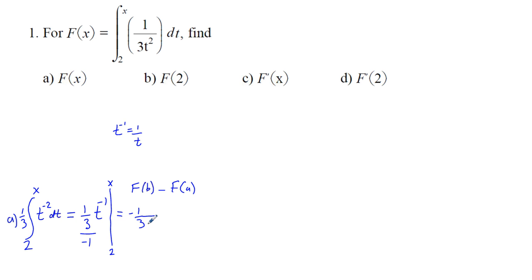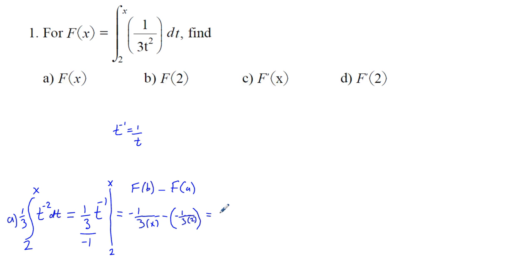So I'm going to put x down here in place of t. That's the F of b, right? Okay, next, minus negative 1/3, and for F of a, well, a is 2, so we have 3 times 2. So that's F of b minus F of a.